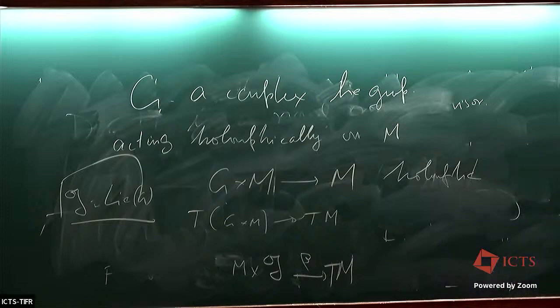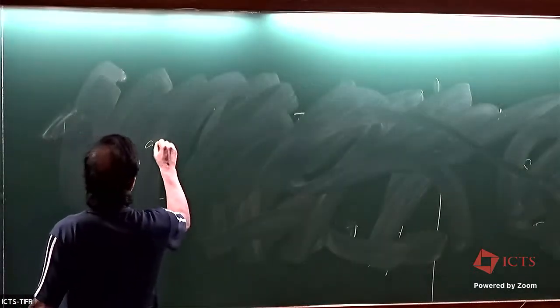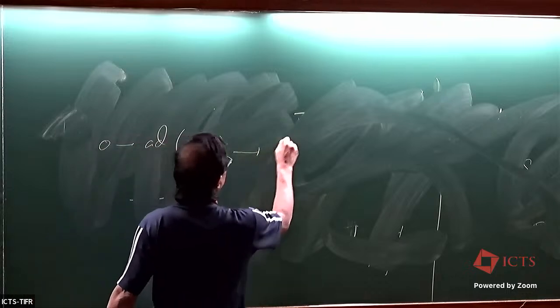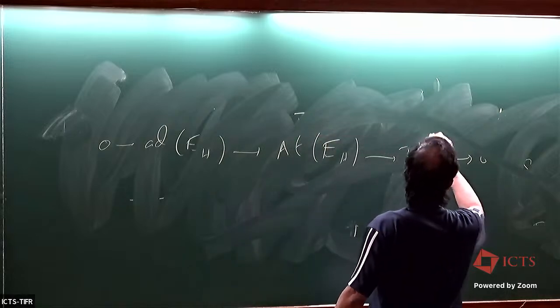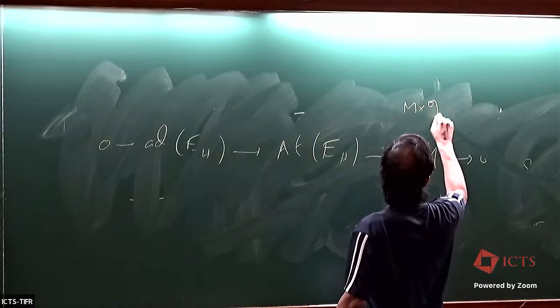We can modify the Atiyah exact sequence. This is the beta map.